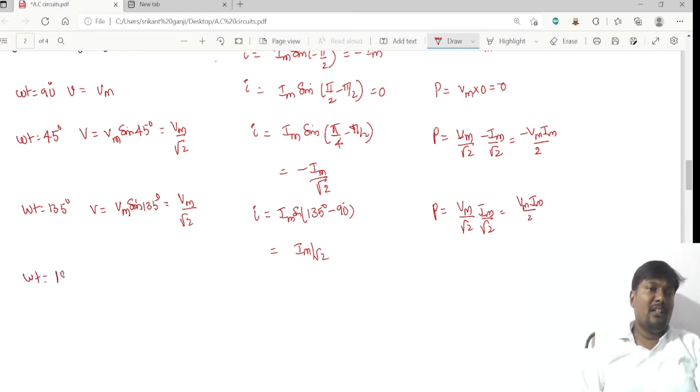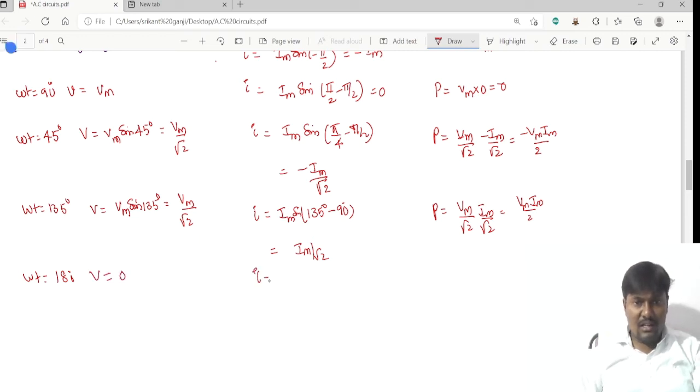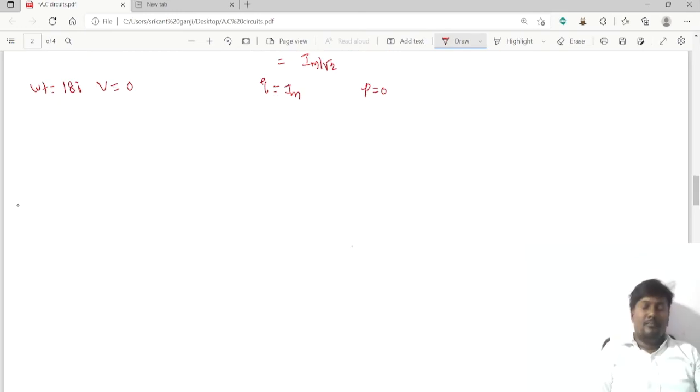After that, omega t is equal to 180 degrees, V is equal to 0, and I is equal to I max sine of 180 minus 90, that is I maximum.